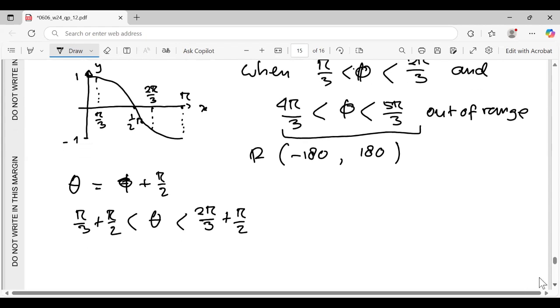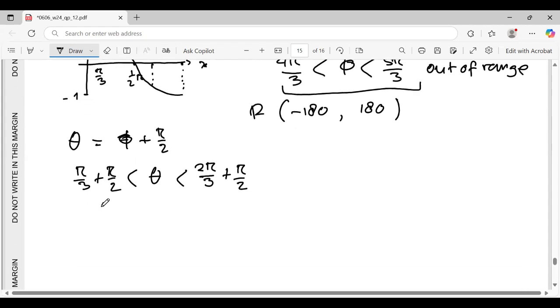If we calculate, it becomes theta greater than 5 over 6 pi, less than 7 over 6 pi. This is the interval of theta.